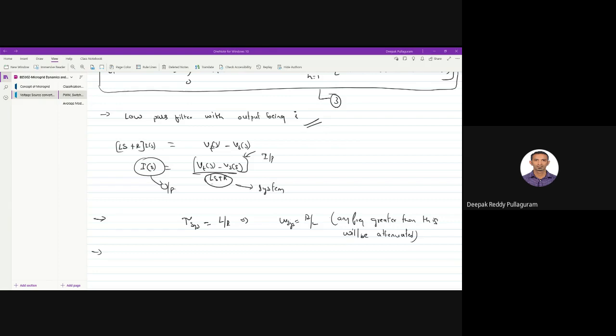Do you remember any nonlinear systems? Diode circuits. Okay, diode circuits are nonlinear. For such systems, can we create a transfer function model?